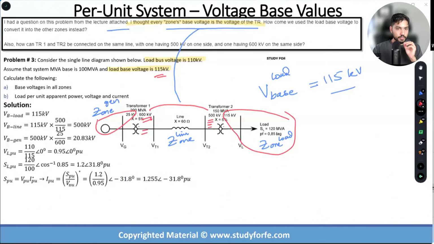If you end up picking your own base values for S base or V base, and you're hell bent on using the per unit system to solve the given SLD, the given fault analysis problem, to find unknown voltages, or to analyze the three-phase circuit, you still can solve it and get the right answers in terms of the actual values. But you are going to fall short in terms of the per unit values.